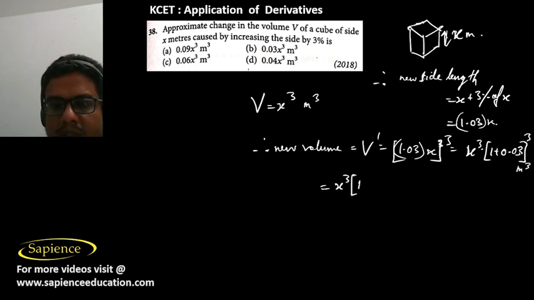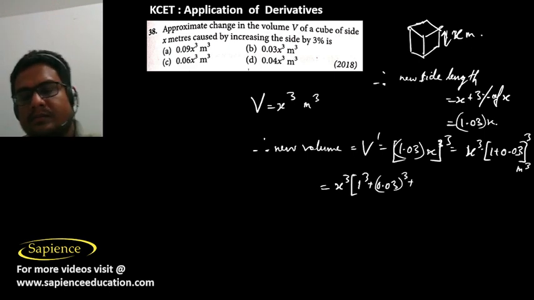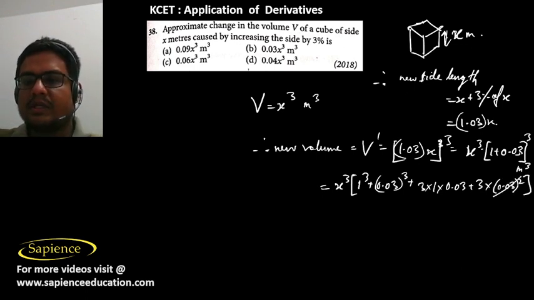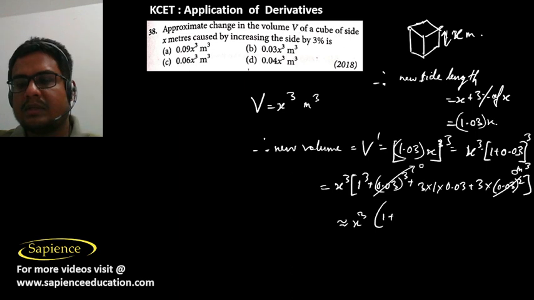Using (a + b) cube is a cube plus b cube plus 3a square b plus 3ab square, the higher powers of 0.03 are very small, so we can neglect these terms. So this is approximately x cube into (1 + 0.09).